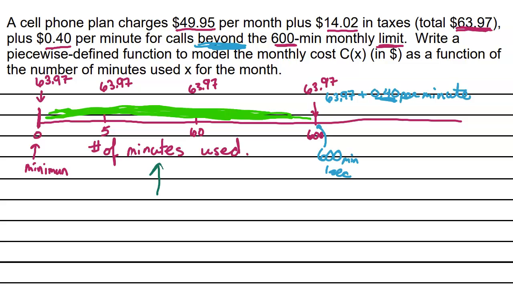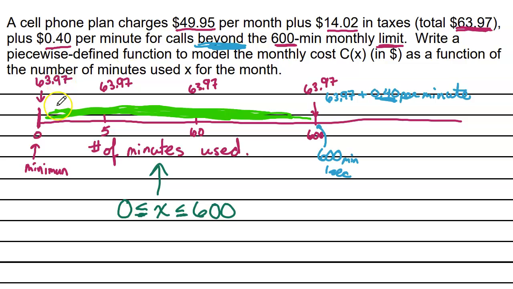So this first area is going to have a restriction that our x, our number of minutes used, is going to be between 0 and 600. And it's going to equal that 0 and equal that 600 because we have to stay between.